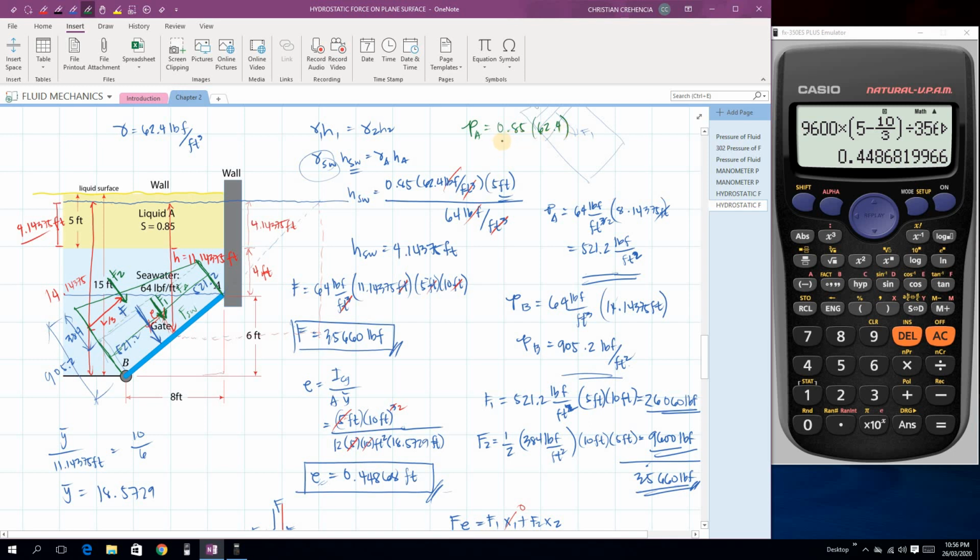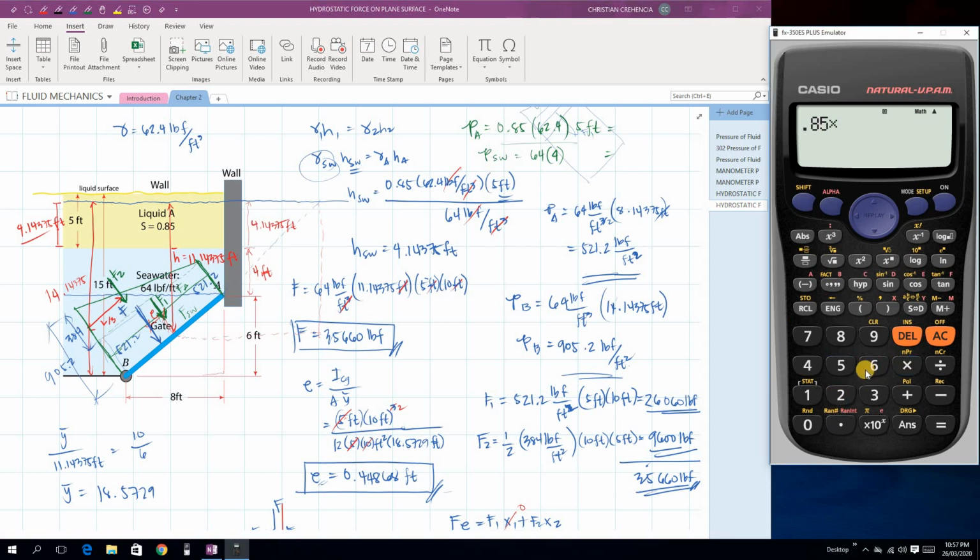Okay. So, ito yung unit weight ng liquid A times yung depth na 5 feet. Okay. Then, yung pressure ng seawater. So, hanggang dito lang yun sa may point A. So, that is 64 times nung depth na yun. So, ang depth natin dito is 4 feet. That's 4 feet.